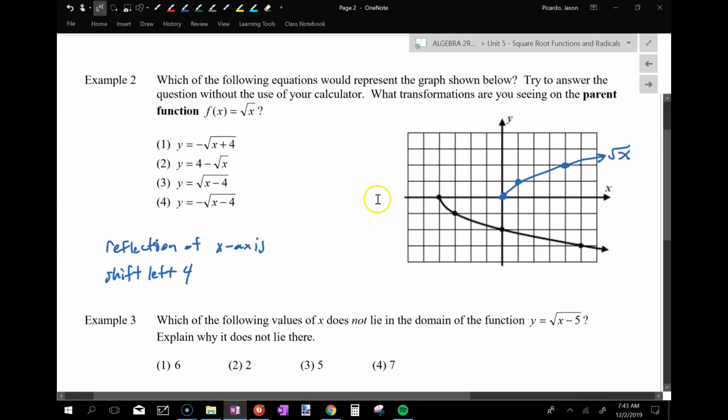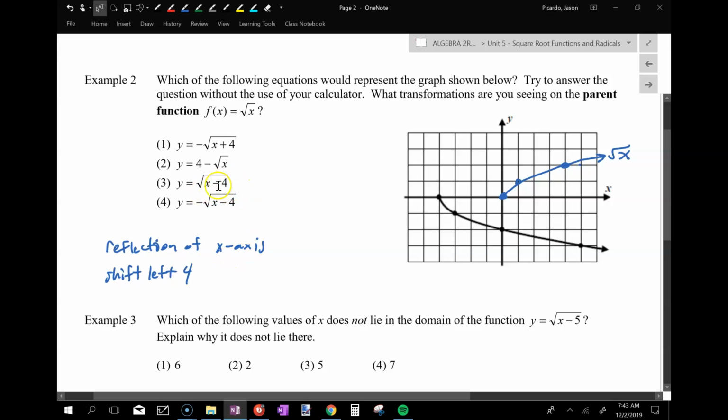That was done. Now the question is, which letters create these things, right? So if I shift left 4, what am I looking for? An A, B, C, or D? Am I looking to be inside or outside of the parentheses? Or in this case, the radical? Inside, yeah. And if I want to go left 4, what am I looking for? Plus 4, right?